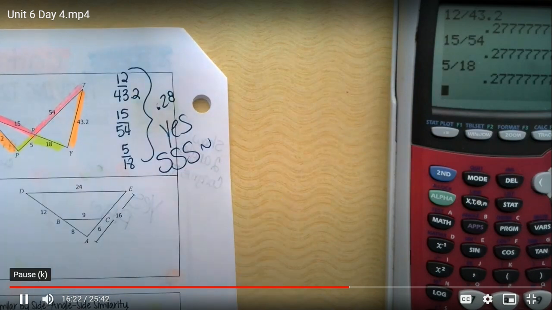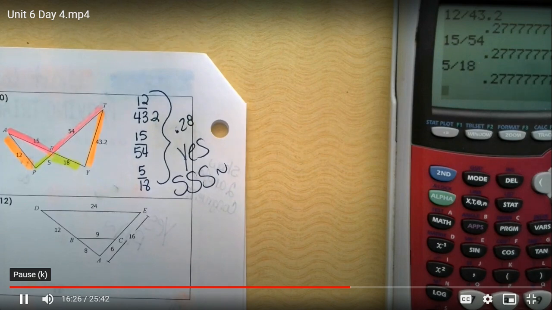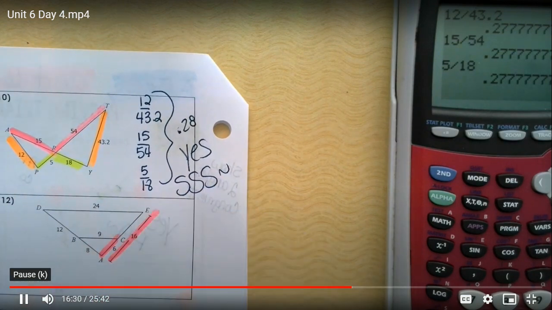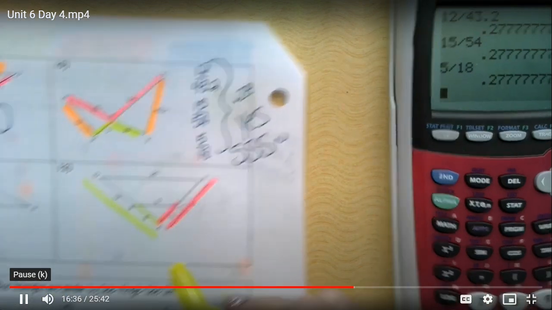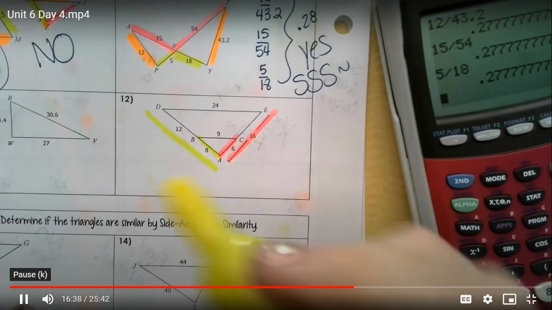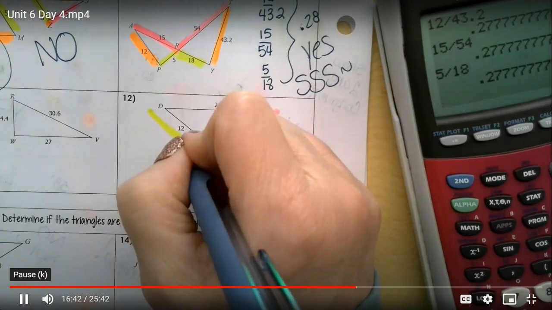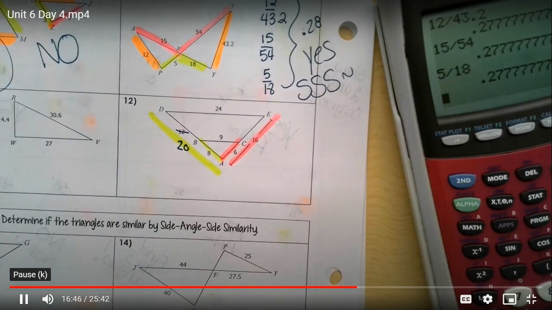Okay. All right, so let's look at number 12. All right, so the 6 goes with the 16. The 8 goes with a 20. Ms. Ernsberger, where'd you get the 20? 8 plus 12, we're not using the 12.